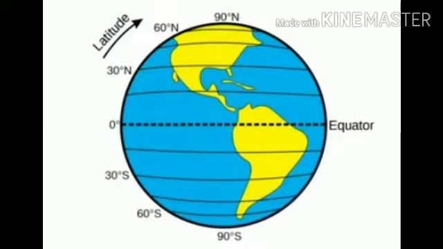It is of 0 degree. Thus the two divided parts are denoted as the northern hemisphere and the southern hemisphere. It has two poles, that is the north pole and the south pole. All these further divided parallel lines are called latitudes, and latitude is measured using degrees. We can see in detail about latitude now.